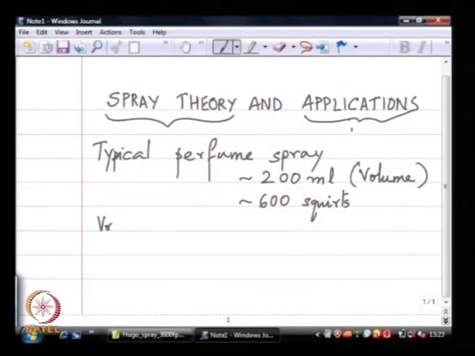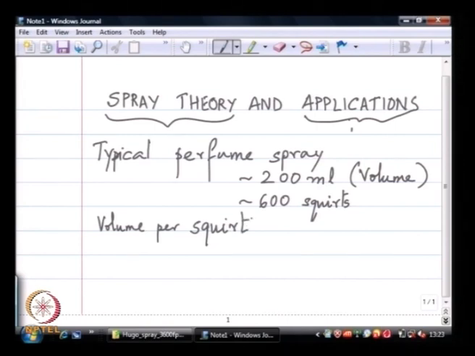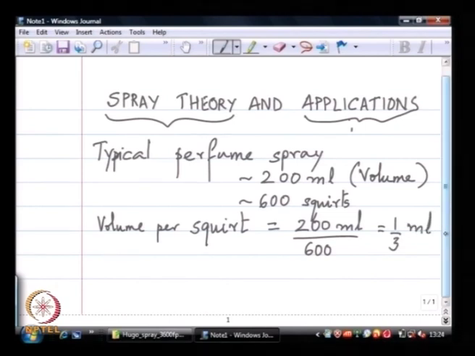So, what I want to do is start from this and just say volume per spray, volume per squirt will be this 200 milliliters divided by 600, that is about 1/3 of a milliliter. That is how much volume of perfume is being delivered to you in one depression of the plunger.